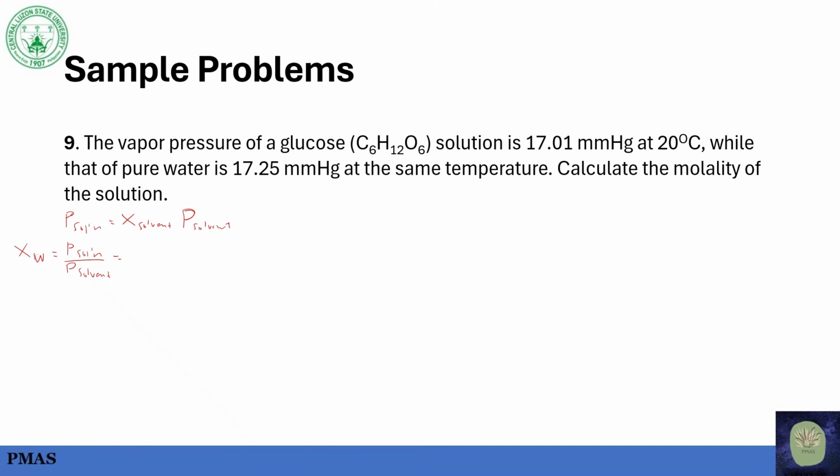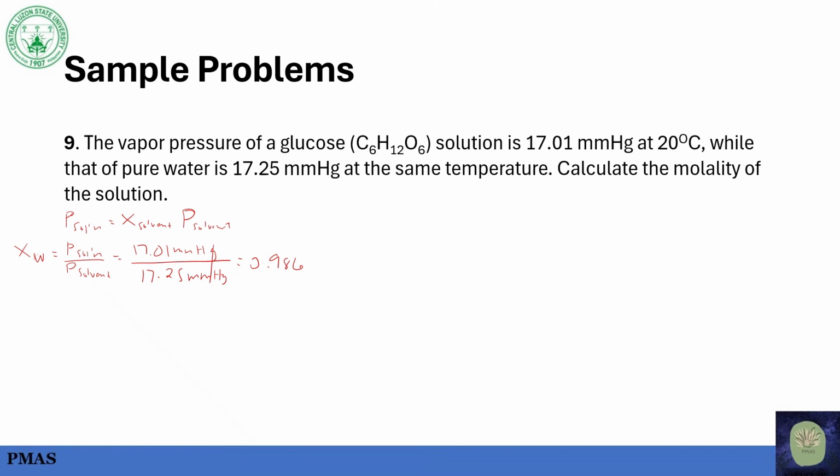Now, the pressure of the solution is 17.01 millimeter mercury, and the solvent initially has 17.25 millimeter mercury. So solve that. You can solve it in your calculator. The mole fraction of water is 0.986. Okay.